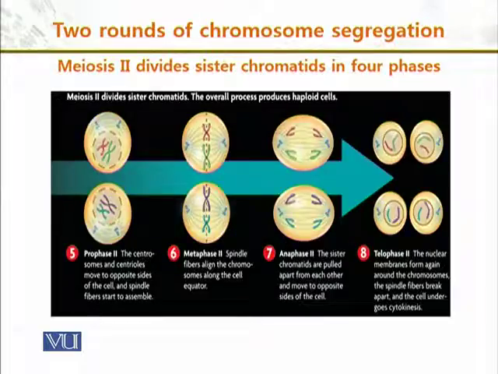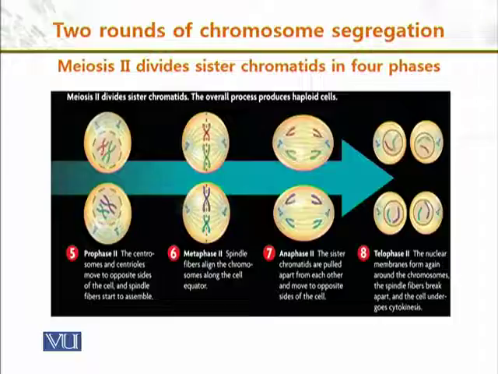Now, meiosis II divides the sister chromatids in 4 phases. जिस तरह हमने पहले कहा कि वो 2 से 4 phases में आएगा. And then there is a prophase, that is the 5th stage, and the centrosome and centrioles move to opposite directions and the cell separates.